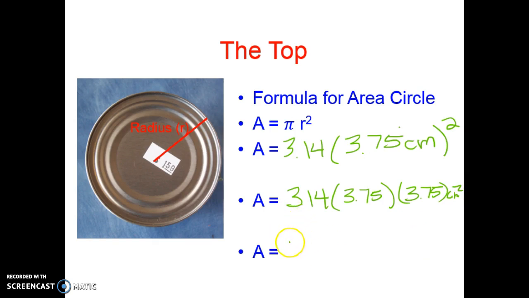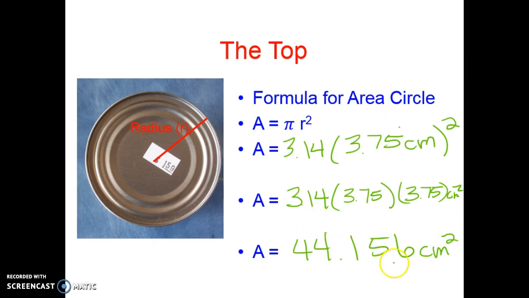Simplifying a little bit more, we'll multiply each of those things together. Grabbing our calculator, 3.14 times 3.75 times 3.75 equals, excuse me, 44.156. And don't forget our units. We don't want to have naked numbers.